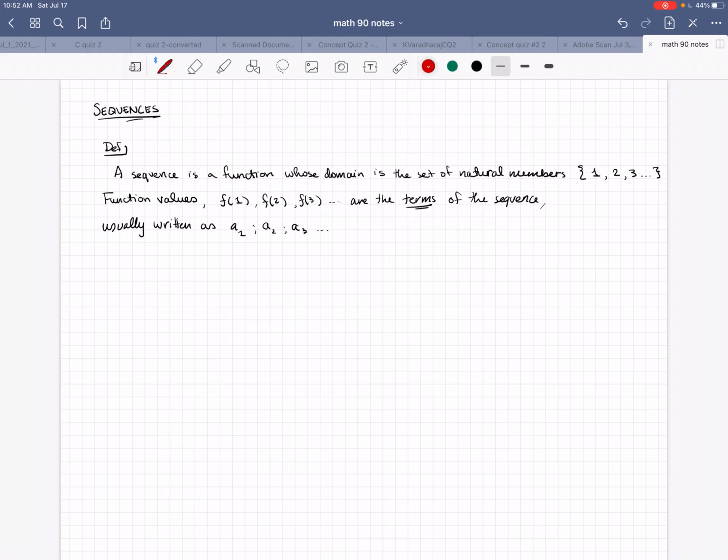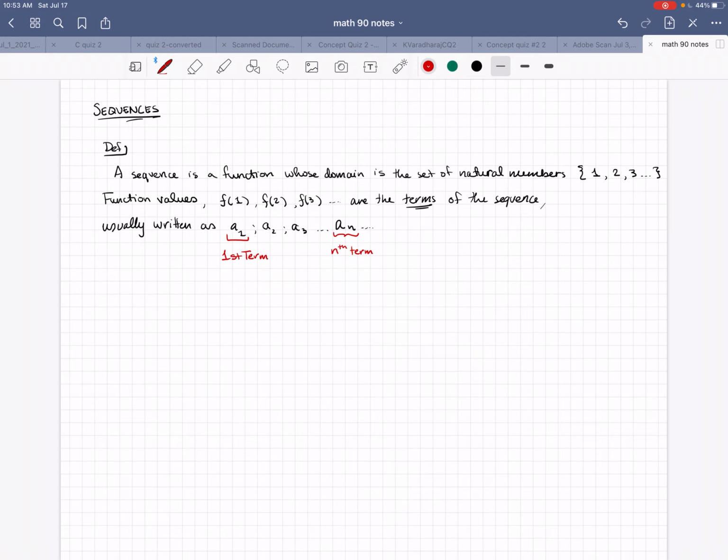So a couple quick things. a sub 1 is called the first term of the sequence, and then a sub n, which a sequence can have infinitely many terms. It doesn't have to, but it can have infinitely many terms, and this is called the nth term.